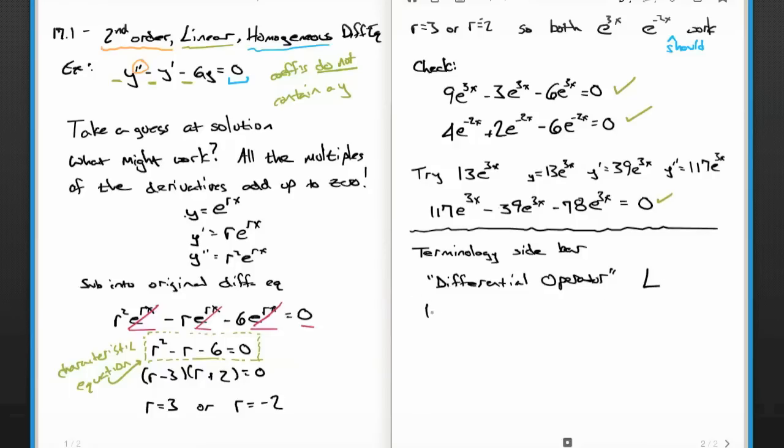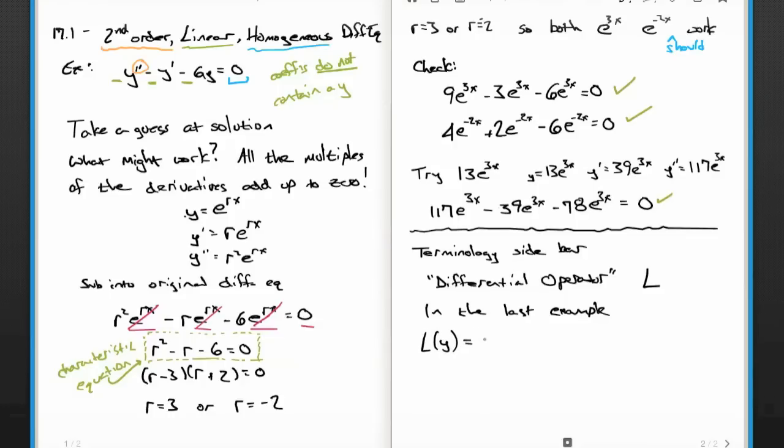In the last example, L of y, so remember some function is y.